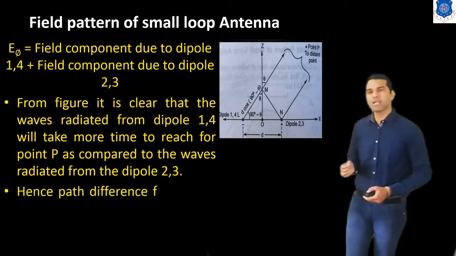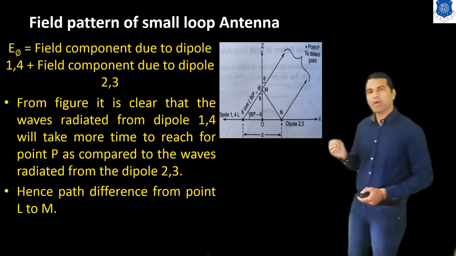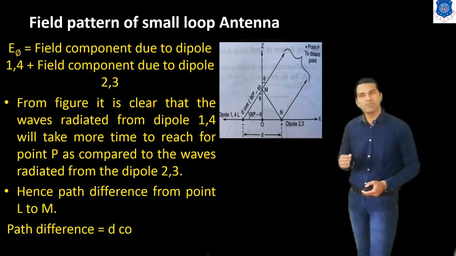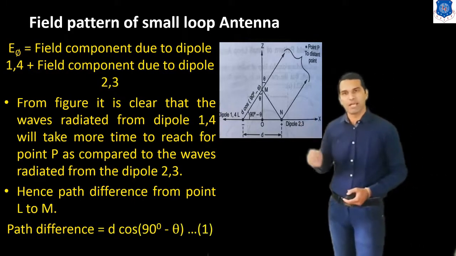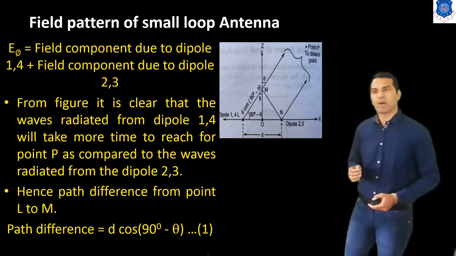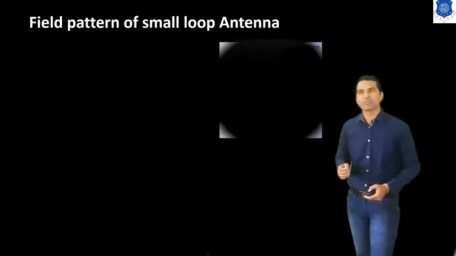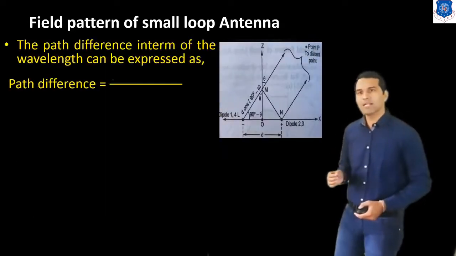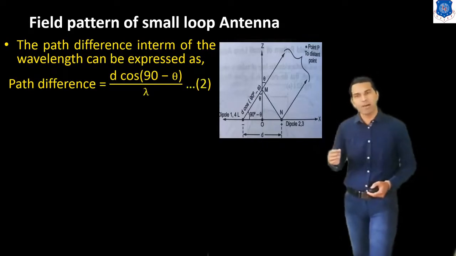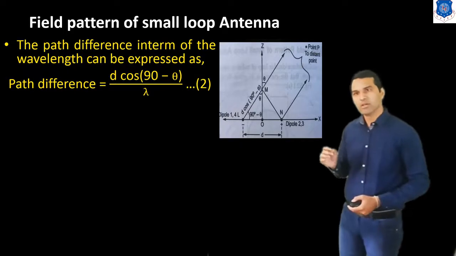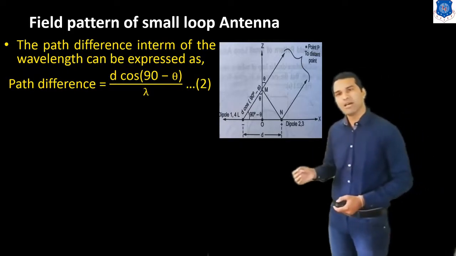So hence the path difference from the point L to M we can write as d cos(90 minus theta), as we wrote in the array chapter. Now we express the path difference in terms of the wavelength. So we can write the path difference as d cos(90 minus theta) upon lambda.